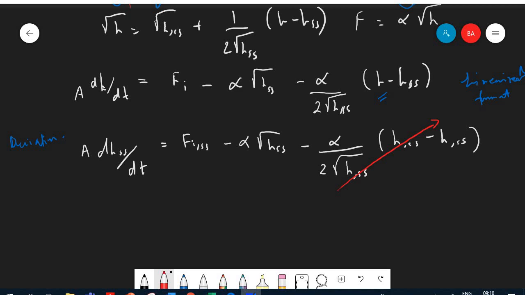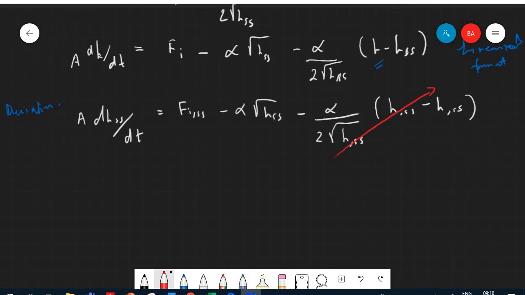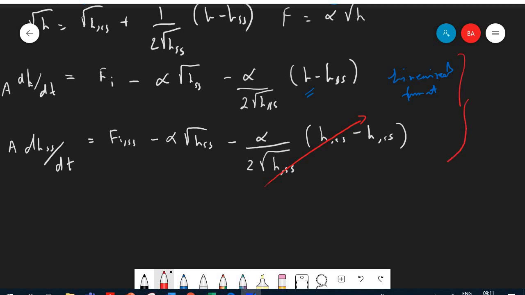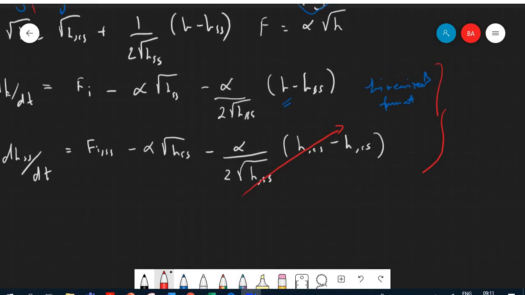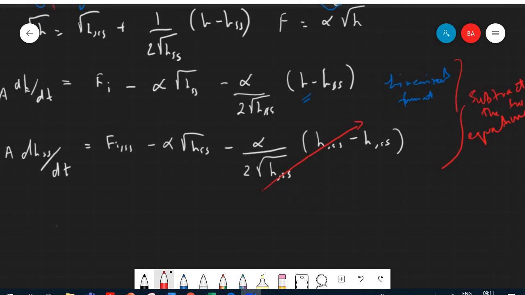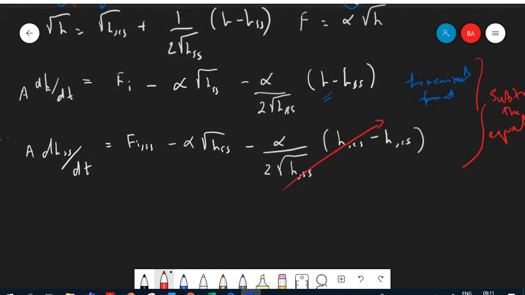Okay, actually even dh at steady state, which is the derivative of a constant, is 0, but we will keep it because we need to use that when we now try to subtract those two equations. So what we are going to do now, we are trying to find the deviation format, and to find the deviation format, we are going to subtract these two equations, which means the variable-state equation minus the steady-state equation.